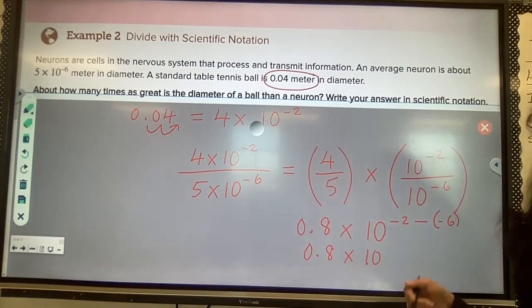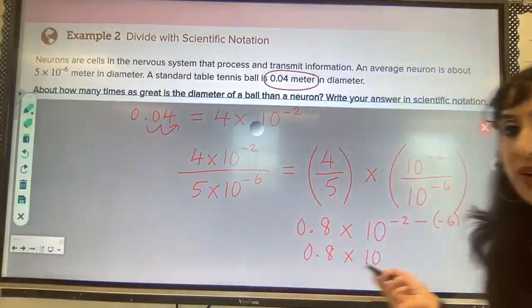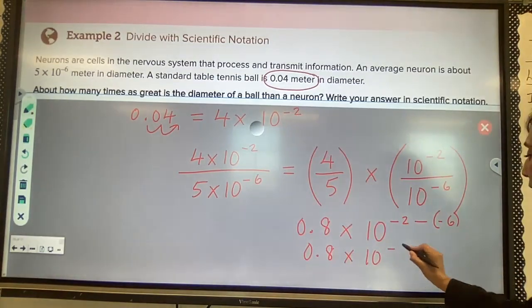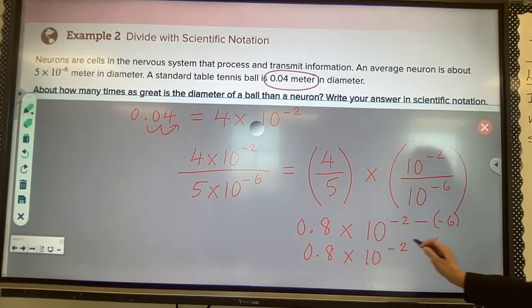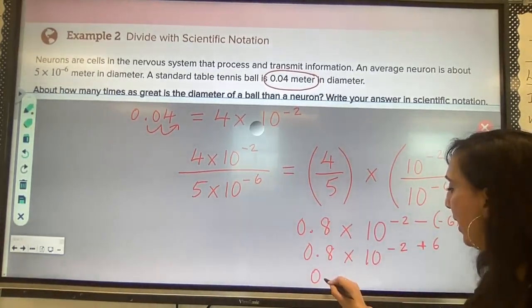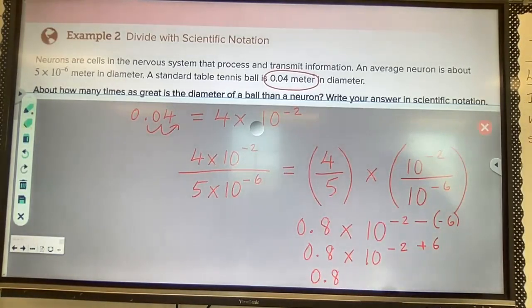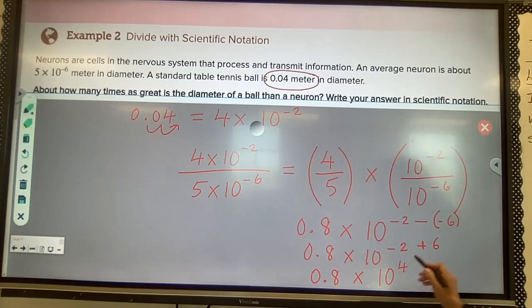Removing negativity gives me positivity, or we know that we add the opposite. Okay, we've done that before. So this is -2 plus 6. And now we have opposite signs. Okay, so what am I left with? I'm left with 8/10 times 10. 6 minus 2 is 4. 10 to the 4th power.